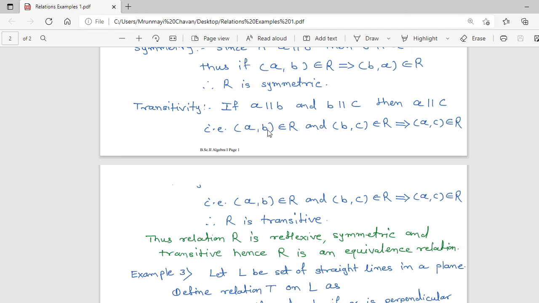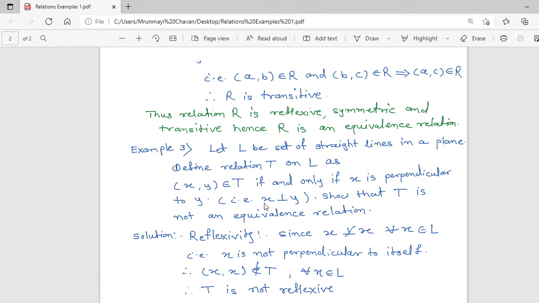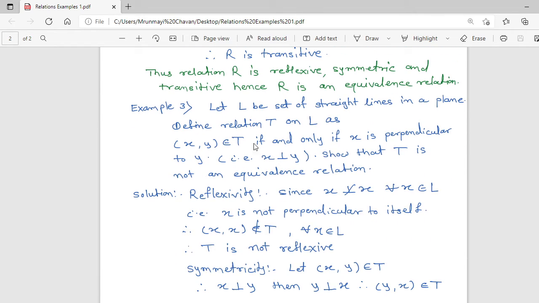That means if (a,b) belongs to R and (b,c) belongs to R, this implies that (a,c) belongs to R. Therefore, R is transitive. Thus, relation R is reflexive, symmetric and transitive. Therefore, R is an equivalence relation.